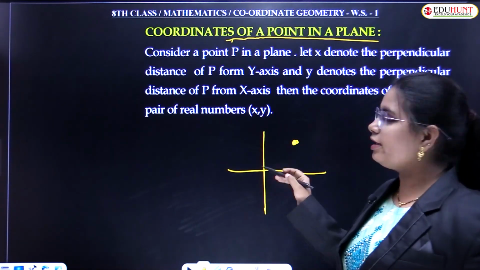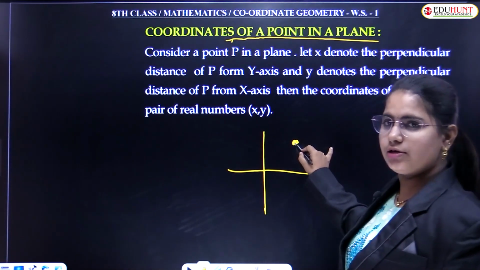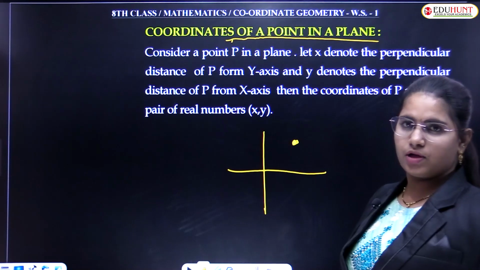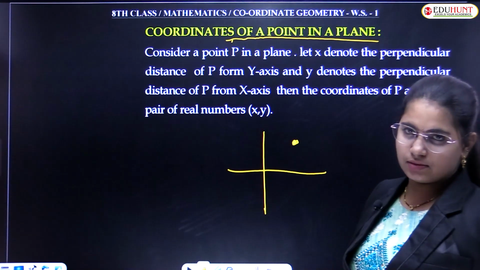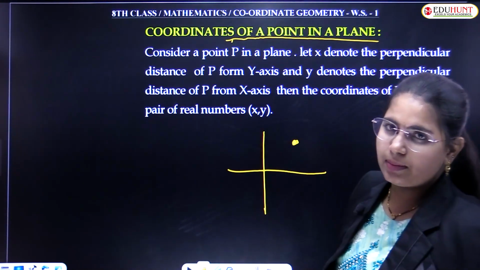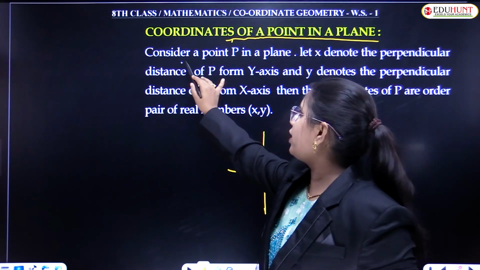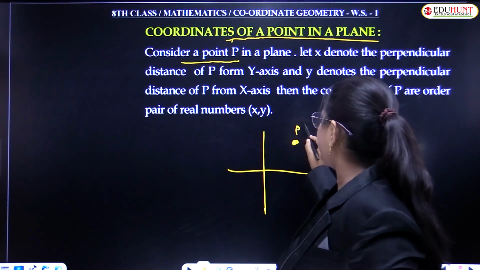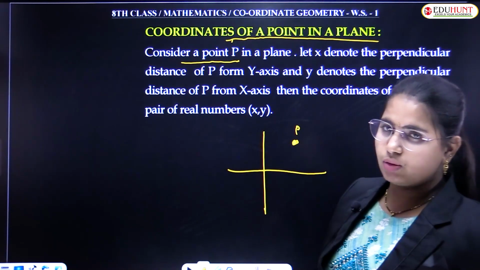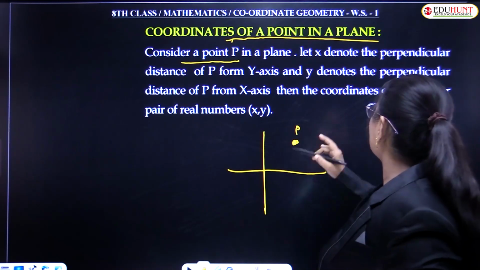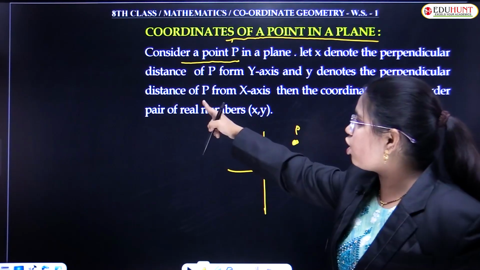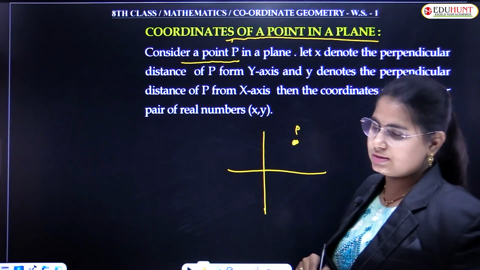What are the coordinates of that particular point in the plane? So let's learn about that. Consider a point P in a plane, okay? Let x denote the perpendicular distance of P from the y-axis.